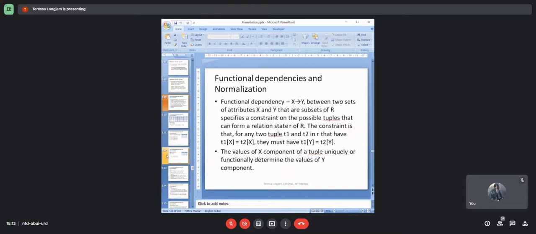If there are 1,000 employees in that department, then for those 1,000 entries, the information about department number one is going to be entered again and again. So there is redundant data there.